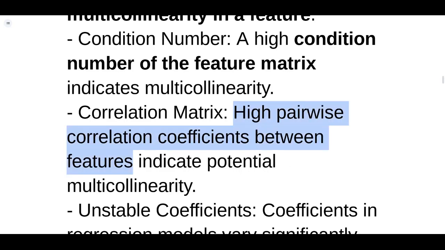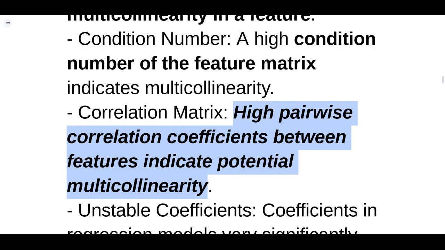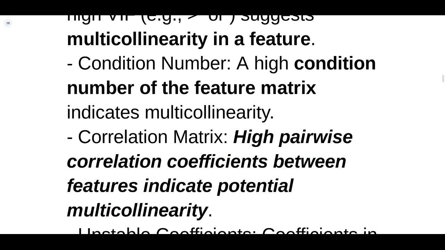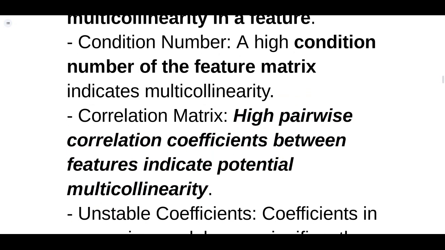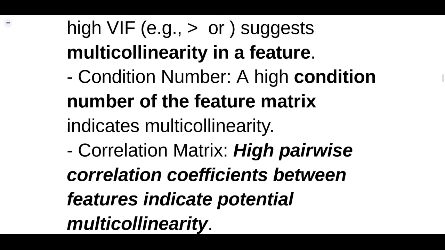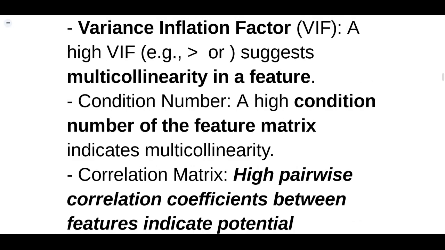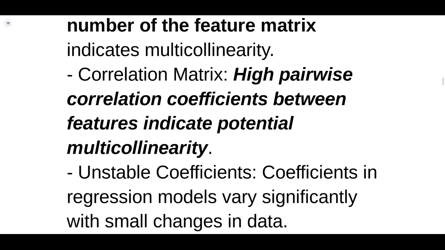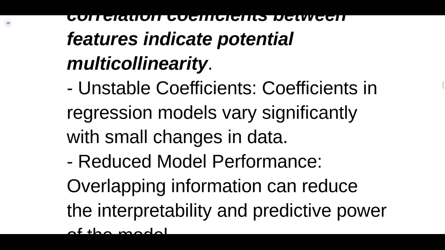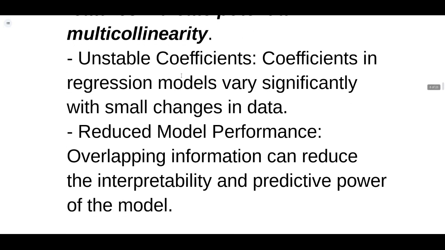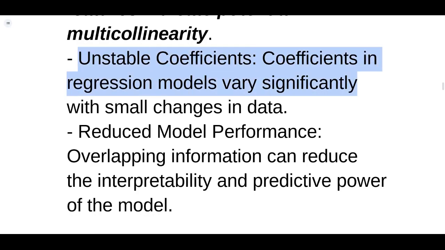High pairwise correlation coefficients between features indicate potential multicollinearity. Unstable coefficients: coefficients in regression models can vary significantly with small changes in data.